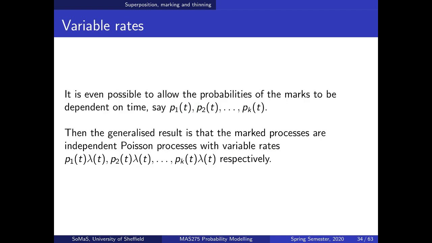Actually we said p1, p2 is the probability of being type 1 or 2. These can also be variable. Nothing changes. This is all fine. And in the generalized version of this, we get independent processes, and their rates are p1 of t times lambda of t, and so on.